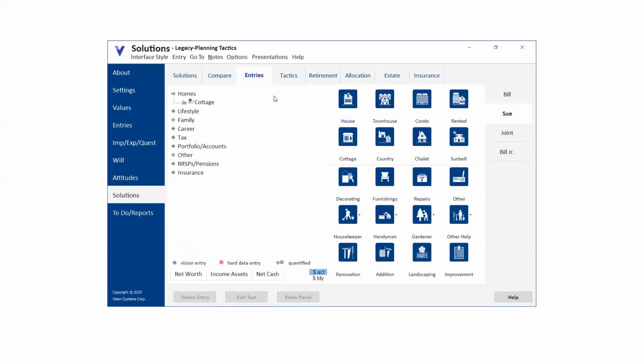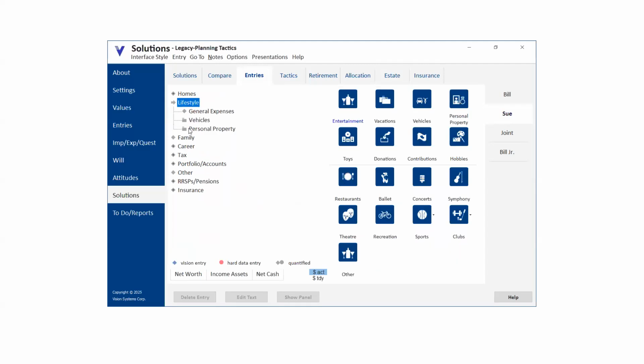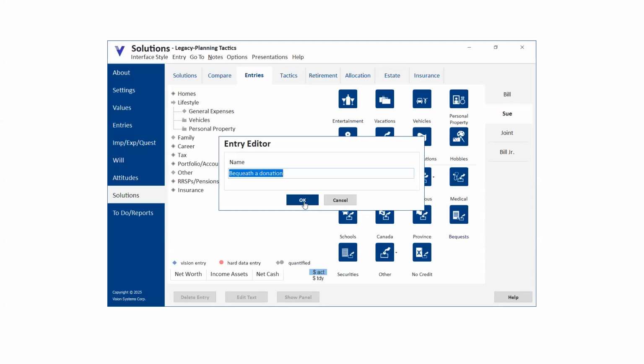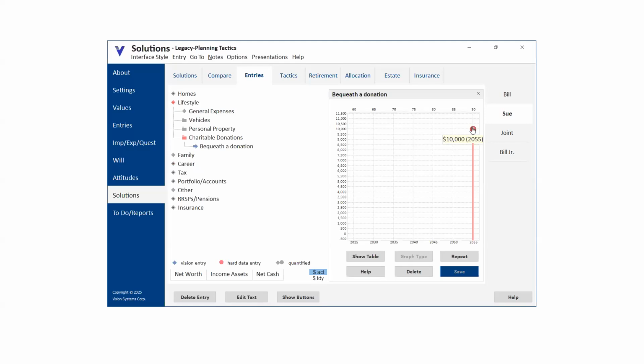So continuing with this whole idea of charitable giving, if Sue, for example, wanted to make a charitable bequest, a donation to a charity, what you would actually do is use lifestyle donations and the bequest entry, and that would create a charitable bequest on her death, which is a specific dollar amount that you can then enter.